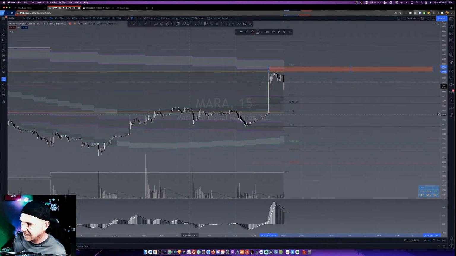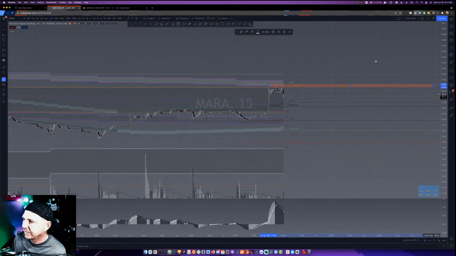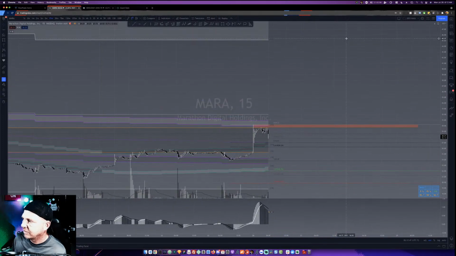I believe it's got a lot of support that's been basing, 24 to 25 or 26. So from 24 to 26 is just consolidating support. I think we'll pull back to 27.50-ish before we try to break through that $30 wall again. Definitely going to play it from 32 up. I'll play it from 32 up to 45, but it's going to take a lot to get through it.